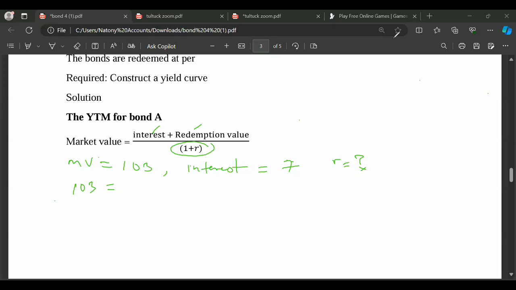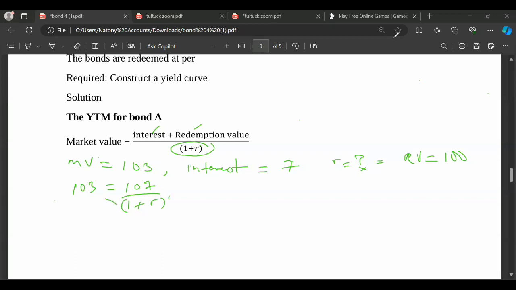Interest is 7 and the redemption value is 100. So interest plus redemption value will give 107 over 1 plus R raised to the power 1, if you like.